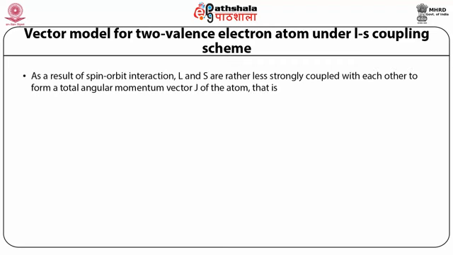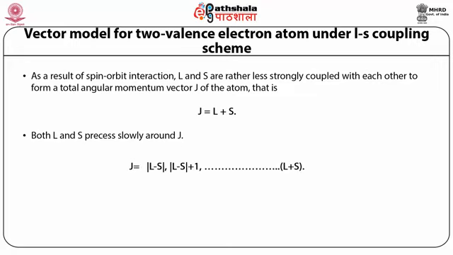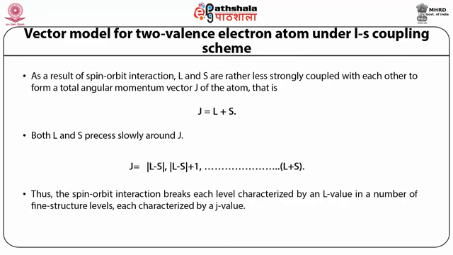As a result of spin orbit interaction, L and S are rather less strongly coupled with each other to form a total angular momentum vector J of the atom, that is, J is equal to L plus S. Both L and S precess slowly around J. The quantum number J can take the values J = |L - S|, |L - S| + 1, ..., L + S. Thus, the spin orbit interaction breaks each level characterized by an L value into a number of fine structure levels, each characterized by a small J value.